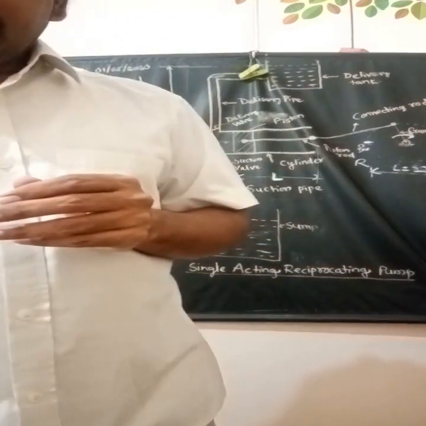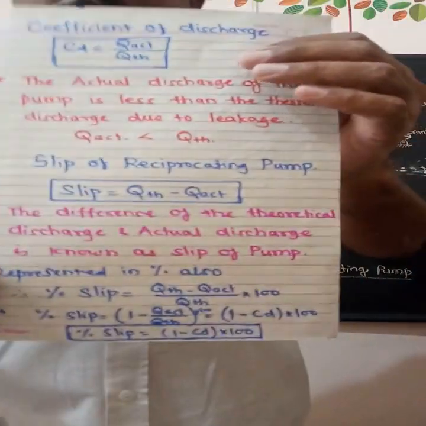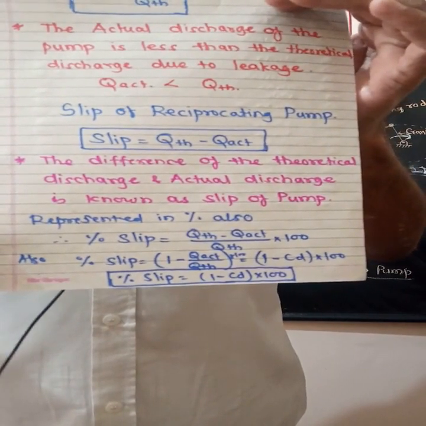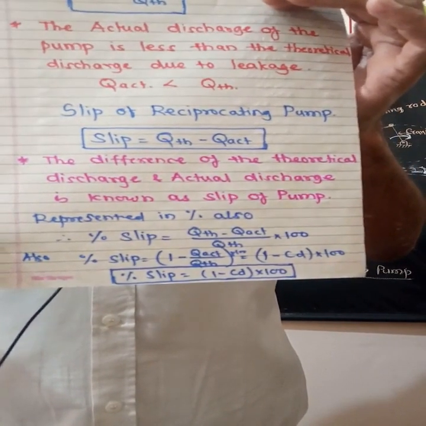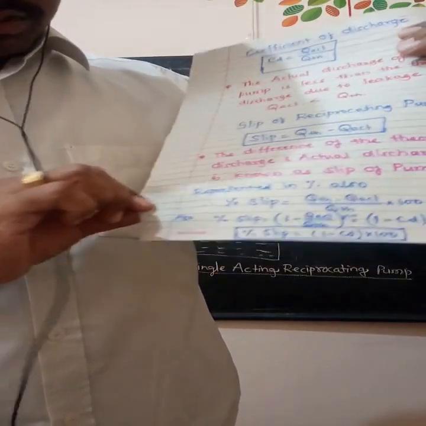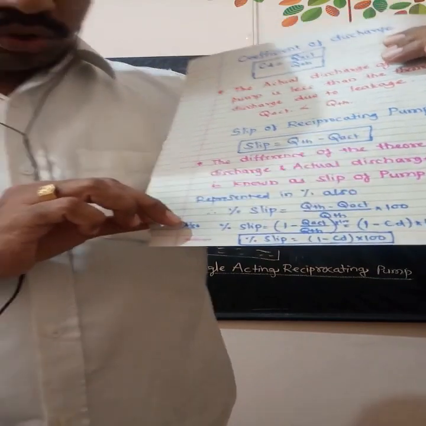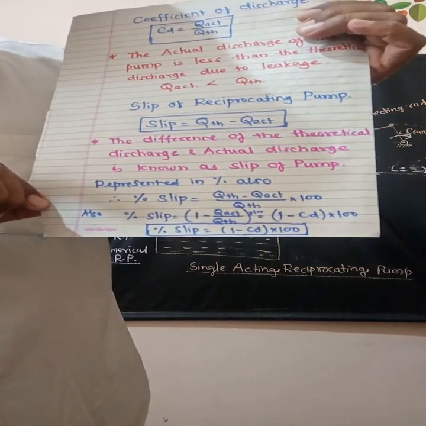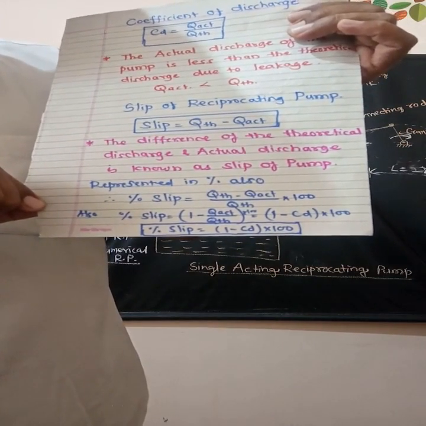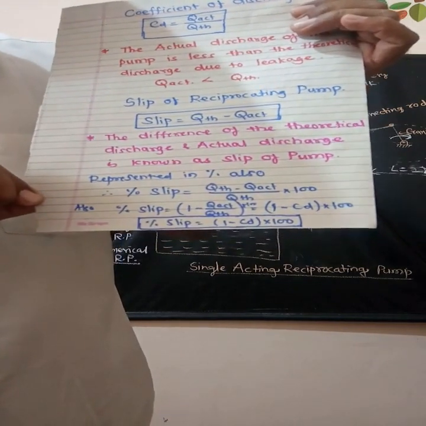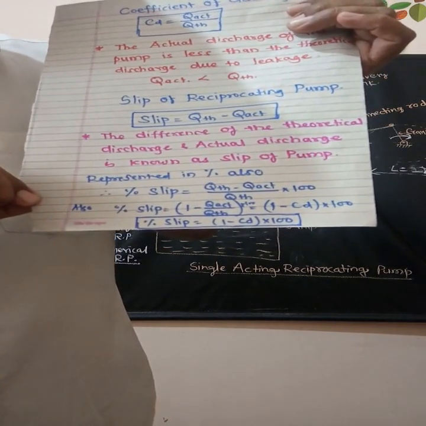Now this slip can also be represented in terms of percentage of slip. The percentage of slip can be represented by this particular formula: slip equals Q theoretical minus Q actual upon Q theoretical into 100.